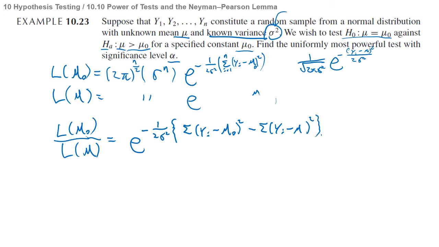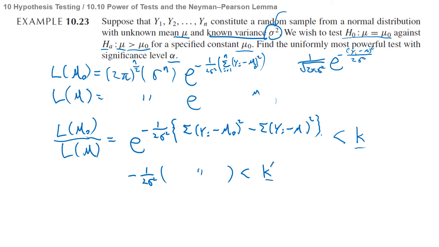The rejection region is where this is less than k, an arbitrary number k. Actually we can take log, and the inequality still holds. So if we take log, then minus 1 over 2 sigma squared of this thing is still less than k, for an arbitrary k. These two k's are not the same k, but what I want to say is that this is an arbitrary constant k.